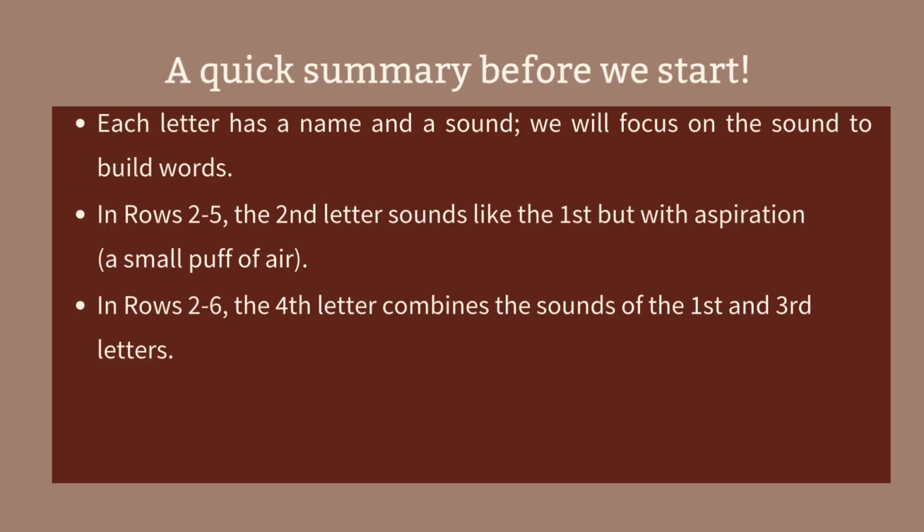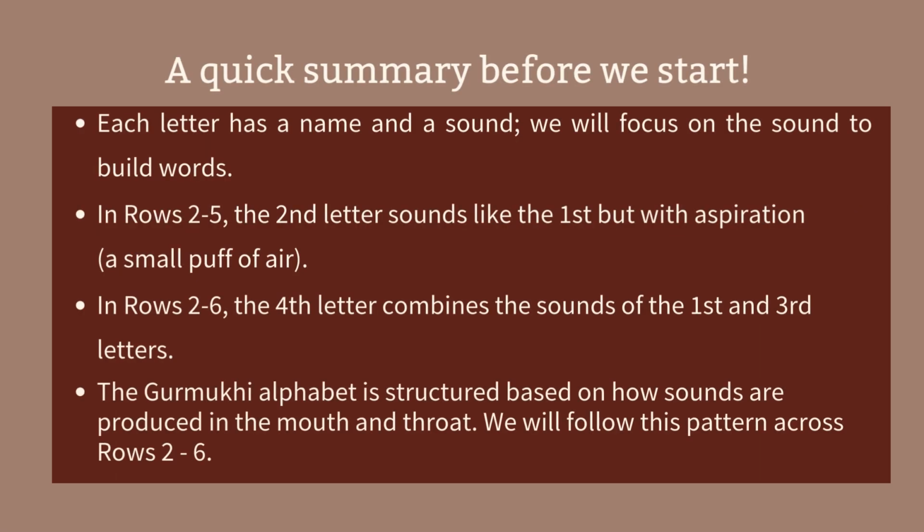Point number 3. In rows 2 to 6, the fourth letter combines the sounds of the first and third letters within that row. Point number 4. The Gurmukhi alphabet is structured based on how sounds are produced in the mouth and throat. We will follow this pattern across rows 2 to 6.